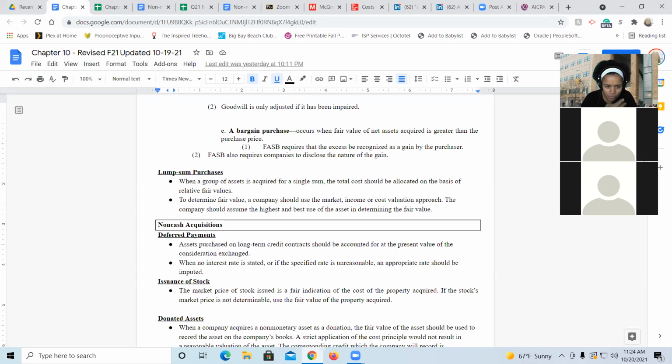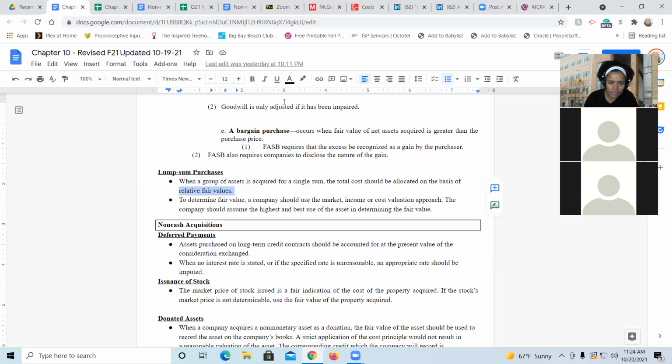Now, for a company, the issue with that is they can't just record the lump sum as debit stuff and credit cash. They actually have to break up the debit between the different types of assets that they purchased because there are different rules for the assets around depreciation and impairment and so on. So when we buy a whole lot of assets for a single sum, the total cost has to be allocated. And how is it allocated?